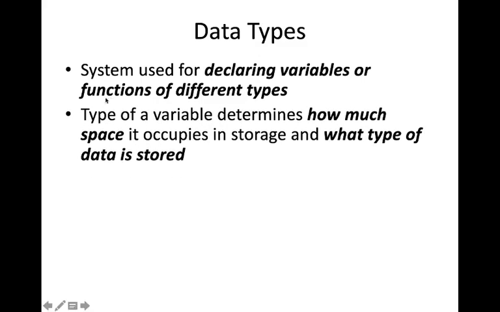So it is a type of variable. The type of variable determines how much space it occupies in storage and what type of data is stored. We have already seen that when you write programs, everything should be brought into main memory, that is your RAM or primary memory.